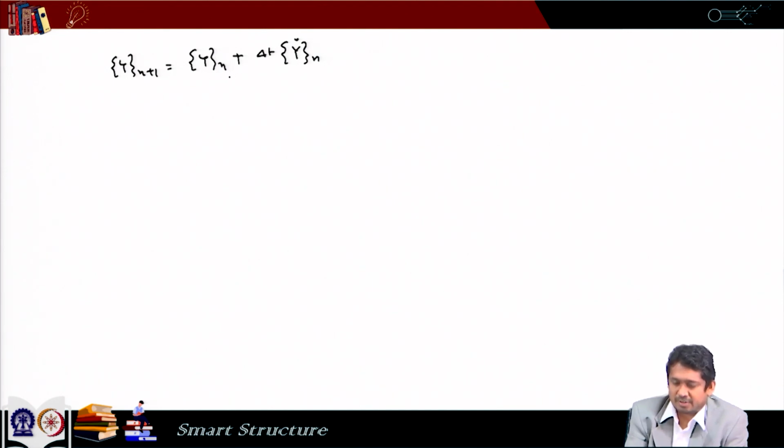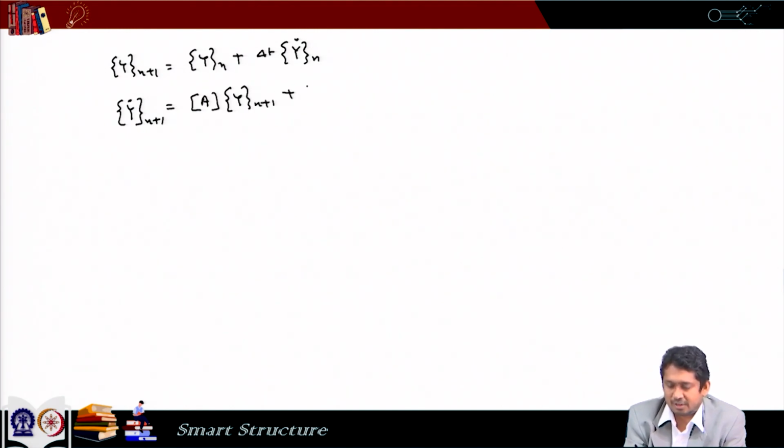Now, we know everything before the time step at which we are getting the solution. So, we know yn and we know yn dot. So, we can find out yn plus 1, and then from this equation we can find out the yn plus 1 dot also, and once we know everything at the n plus 1 time step, we can go to the n plus second time step.